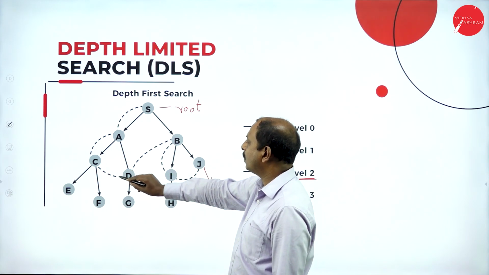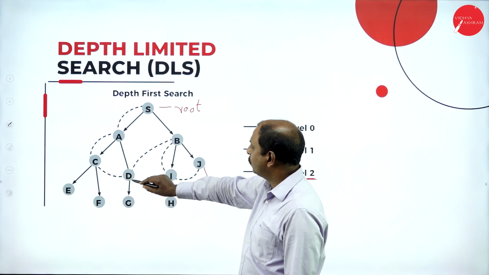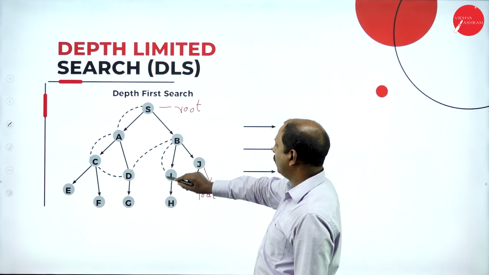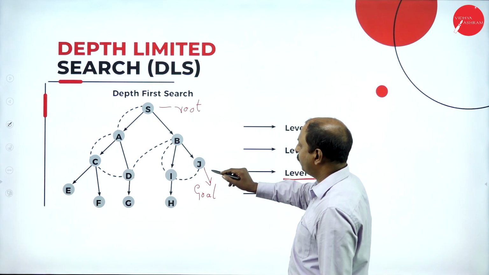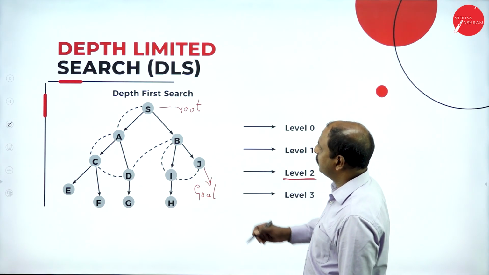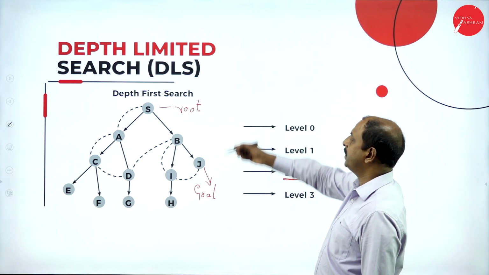Here we could not find the goal node. So it moves on to another path, that is B, from B to I, then to J. Finally it reached the goal node, that is J, in this example. So this is the definition of depth limited search.